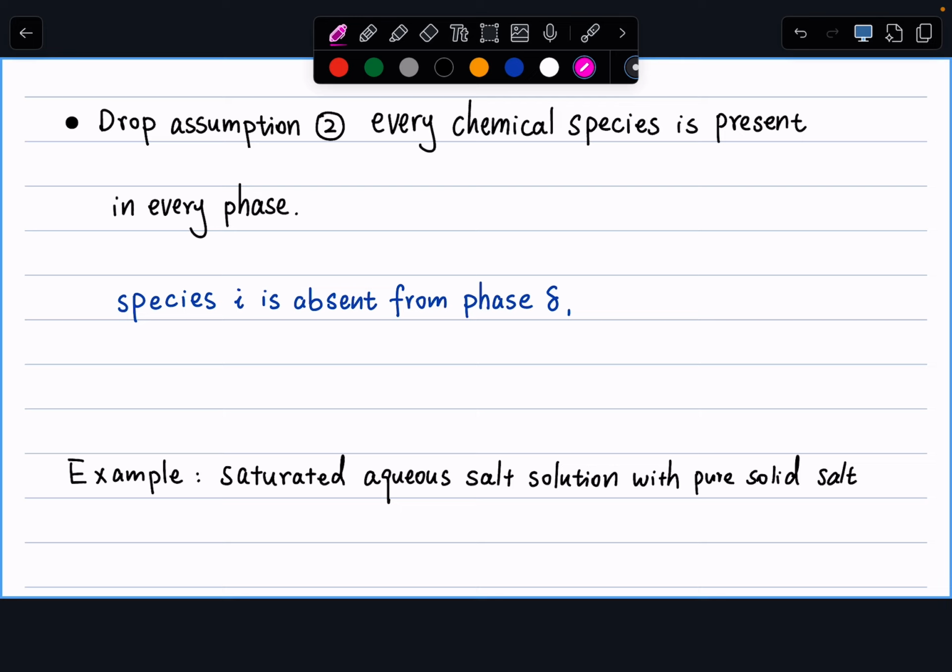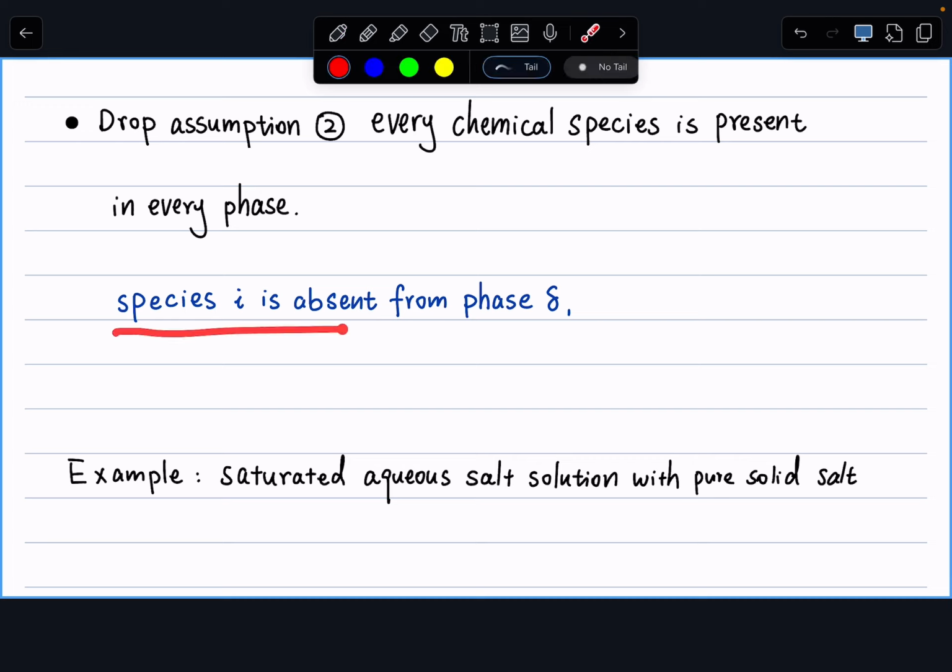Let's drop my second assumption, which is saying, what if you do not necessarily need all chemical species in every phase? So now you can have a cup of salt water and a saturated salt water, like NaCl, right? So the NaCl can crash out to be a solid, but in the solid phase, you do not have water present. So let's think about how we can generalize that.